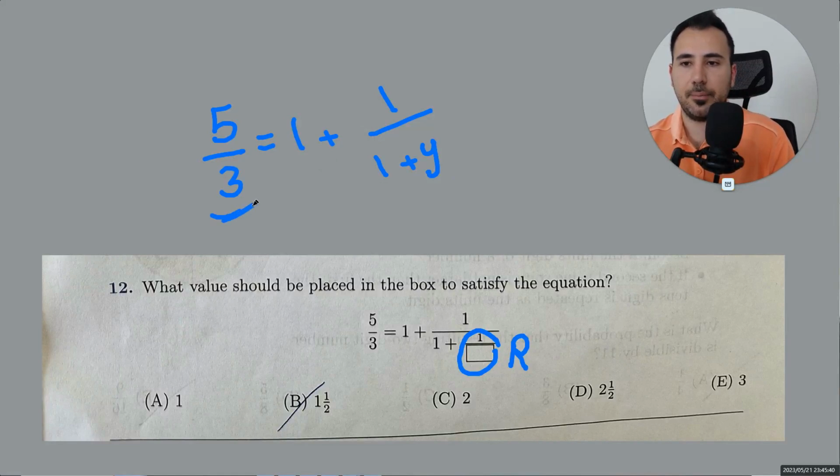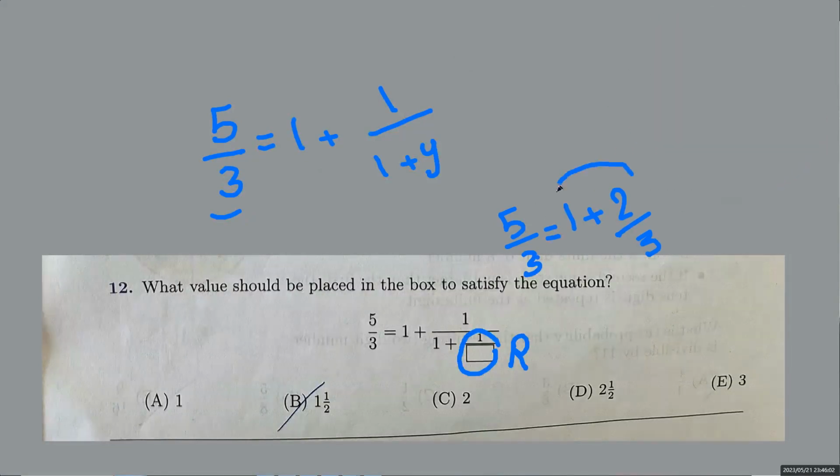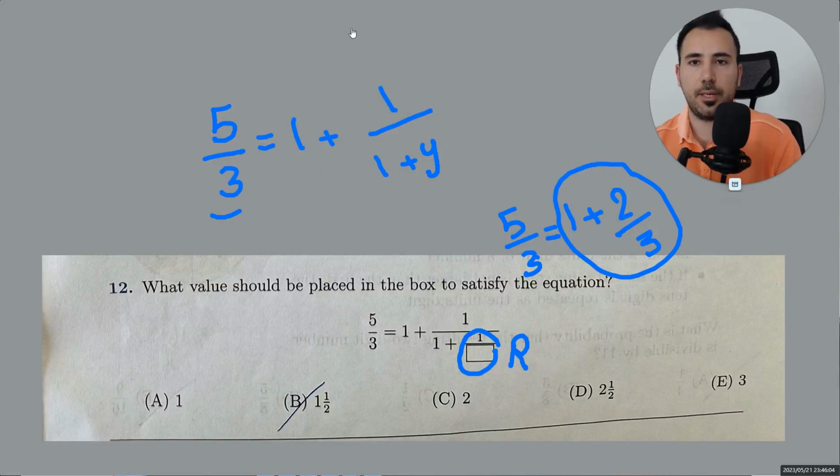Instead, okay, I'm going to remove 1 from here and then add 1 from here. So we know that 5 over 3 is the same as 1, which is 3 over 3, plus 2 over 3, right? So instead of this 5 over 3, we're going to write this. Let me do that.